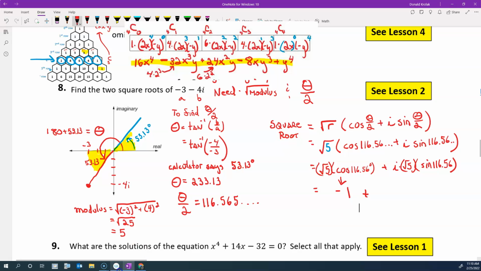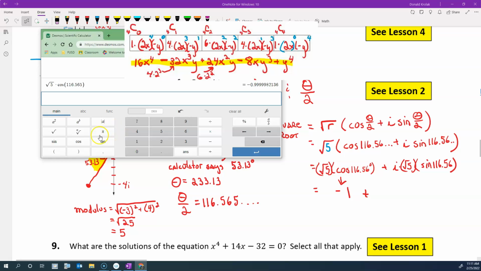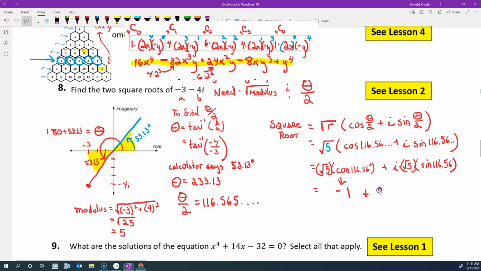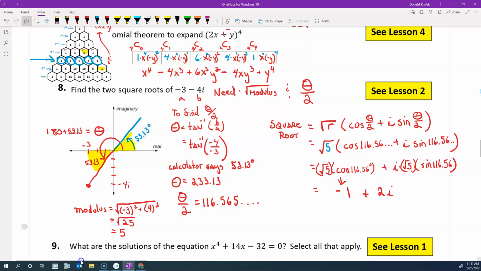Okay, and now when I multiply the other one out, root 5 times sine 116.565, and that's equal to 2.00000, so this is going to be 2i. Okay, so that's one root.